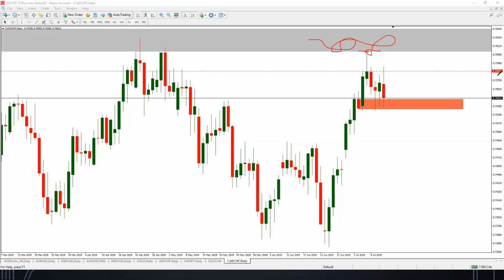Right. CAD CHF. I highlighted this pair during our first lesson, whereby I highlighted this strong supply and then I highlighted this strong demand area. Do you remember? Yeah, I do.